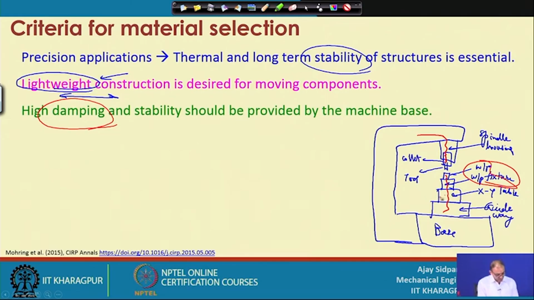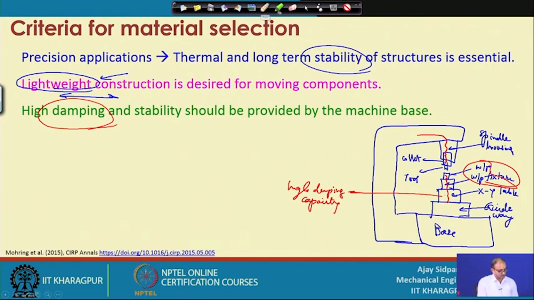So, if your XY table has a high damping capacity, then it will not propagate the vibration further in this direction. So, it will not go downward, it will absorb everything within that material only. So, you have to think about that also.